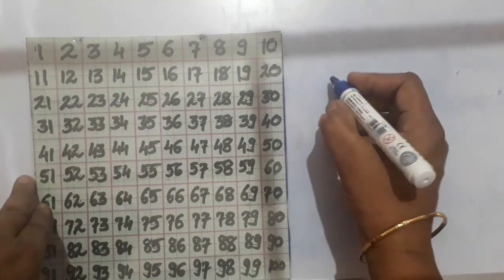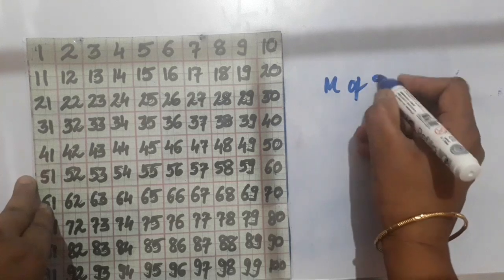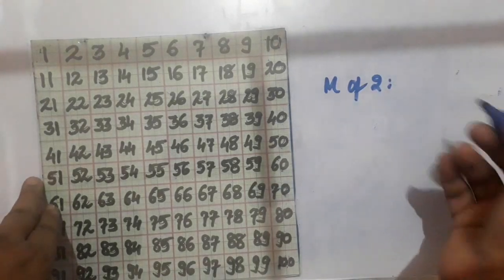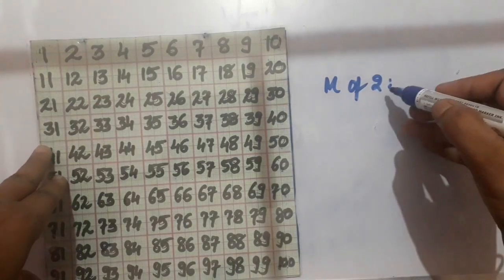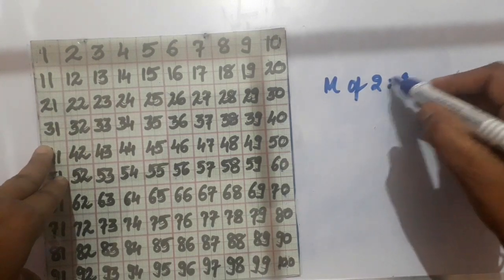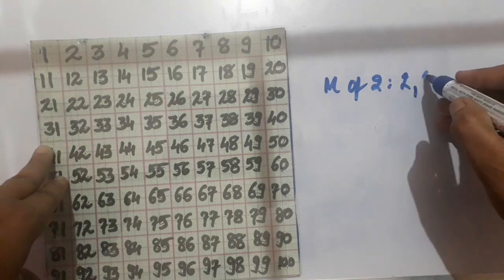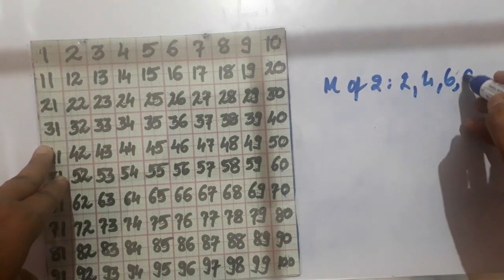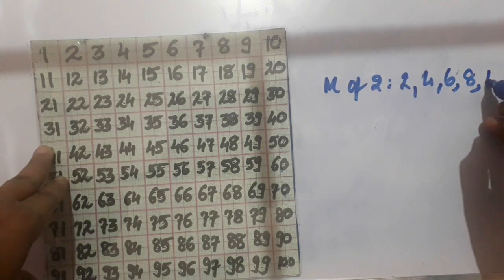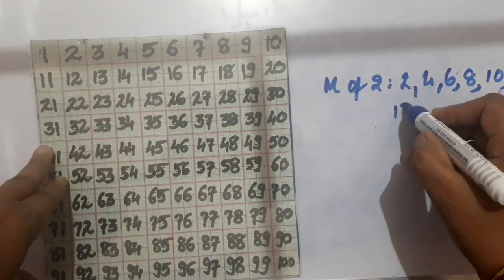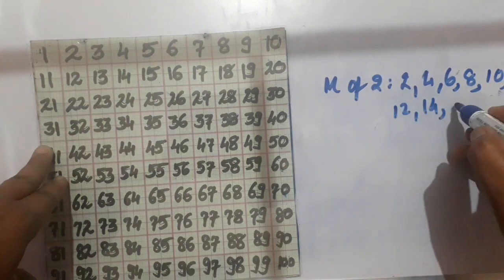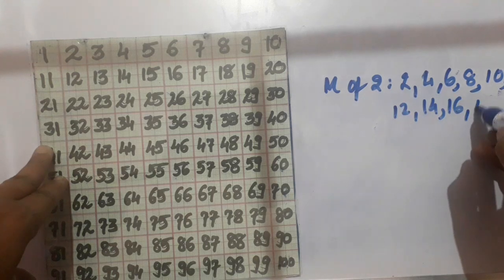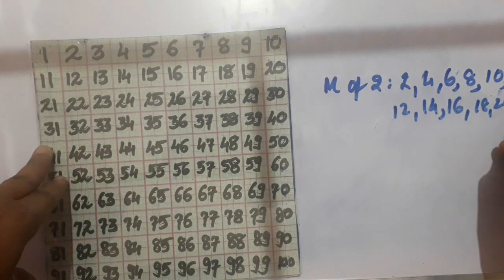Now we want to say multiples of 2. That means, how can you do it? Multiply 2 with 1, multiply 2 with 2, that is 2 2s are 4, 2 3s are 6, 2 4s are 8, 2 5s are 10, 2 6s are 12, 2 7s are 14, 2 8s are 16, 2 9s are 18, 2 10s are 20.